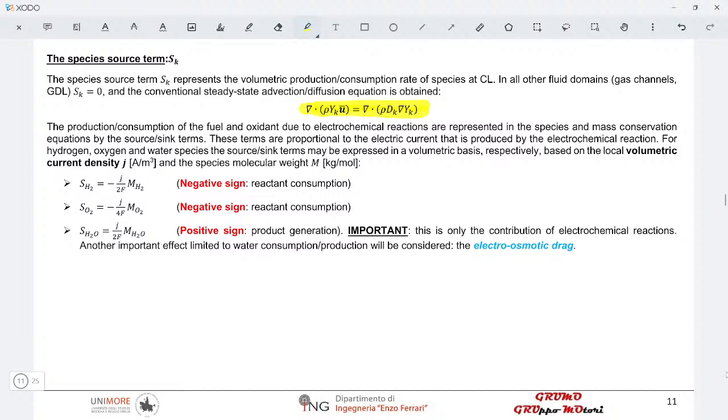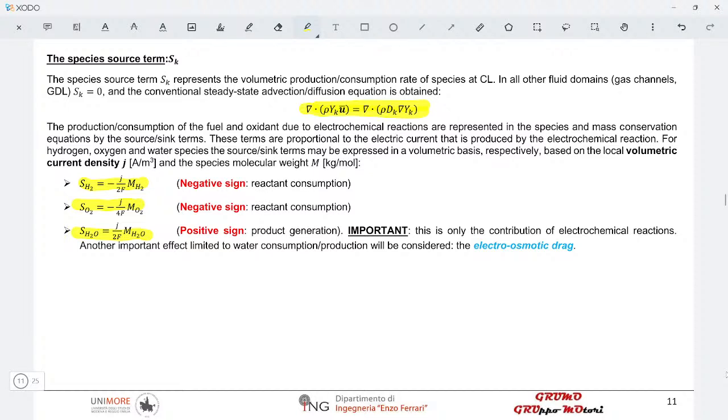If we are at the catalyst layer sites, then there is the source term, because here species are created and destroyed. And this S_k term, based on the specific species that we are considering, so if it's hydrogen, oxygen, or water, is expressed by these expressions here, which are derived from the Faraday equation.